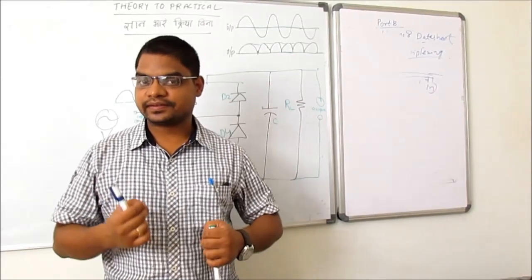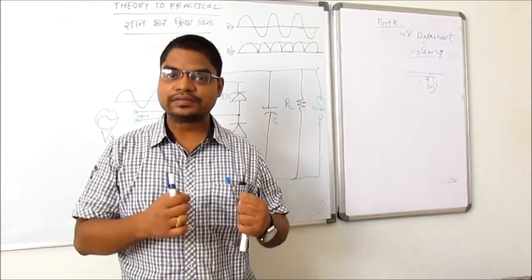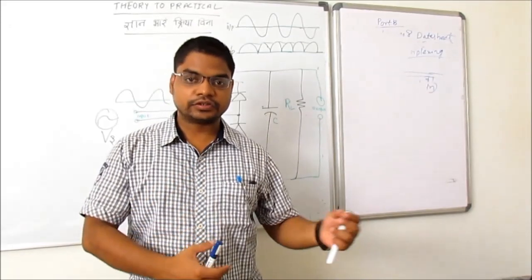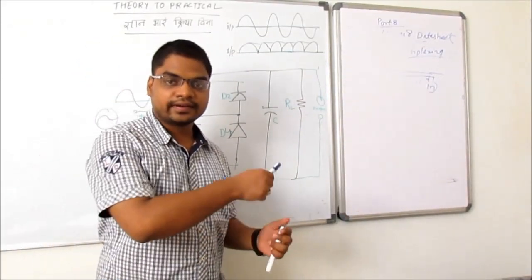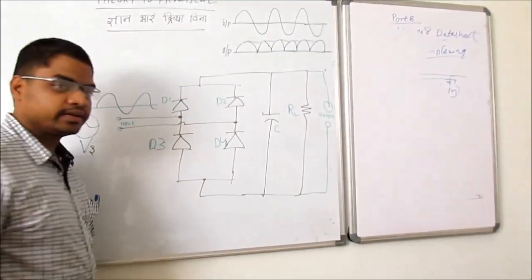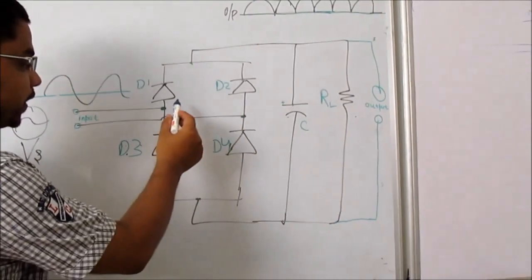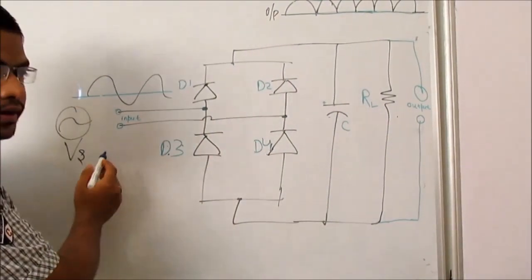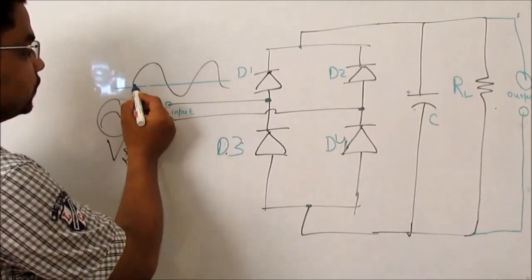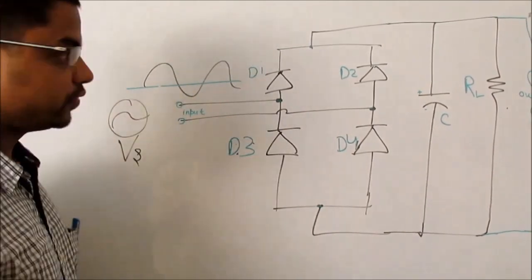The full bridge rectifier circuit is used for converting an AC signal into a DC signal. It has 4 diodes. This is the diagram of the full bridge rectifier, with diodes D1, D2, D3 and D4. We have applied here an AC source with this waveform.